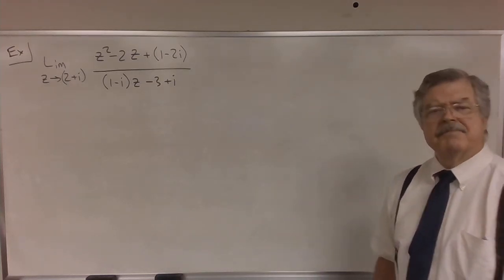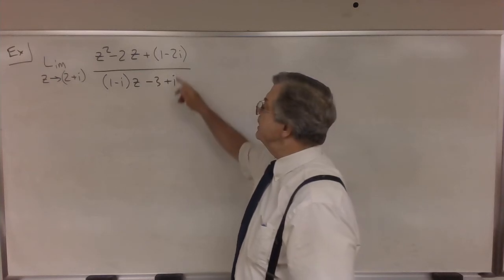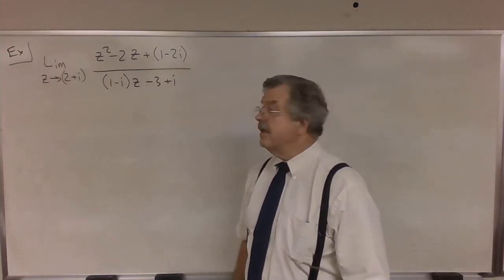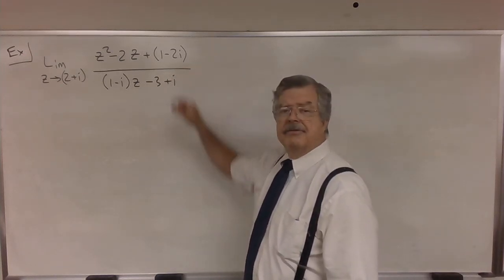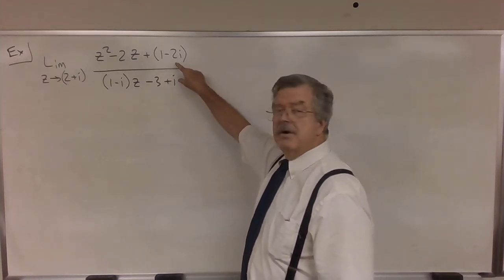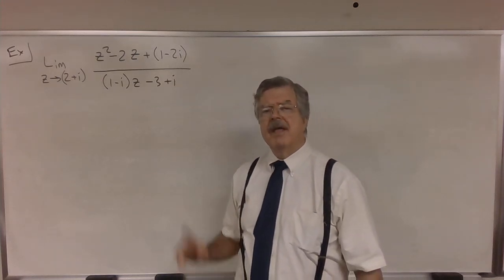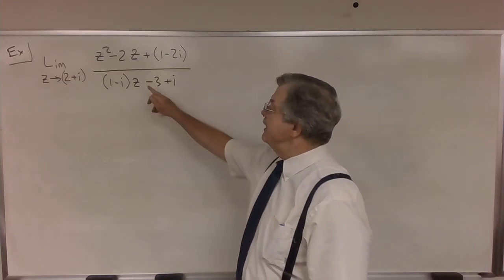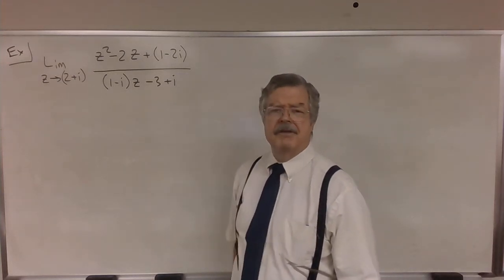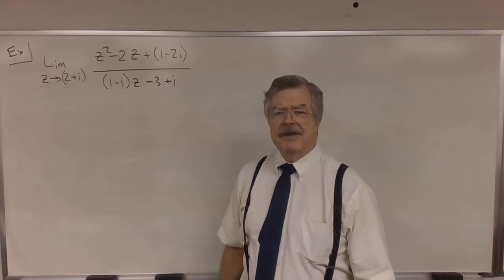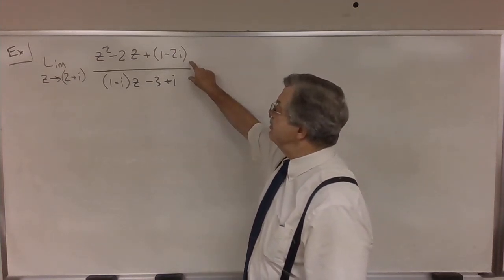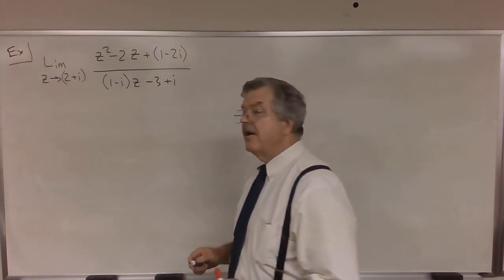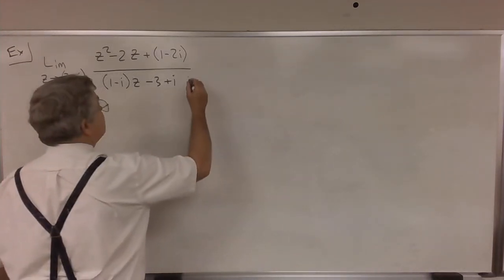Here's a nice one. We're computing the limit of the quotient of polynomials. Polynomials are continuous, so this quotient is a continuous function, except for any z value that causes division by 0 here. So essentially, we can compute this limit by plugging in because it's continuous. So let's plug in.